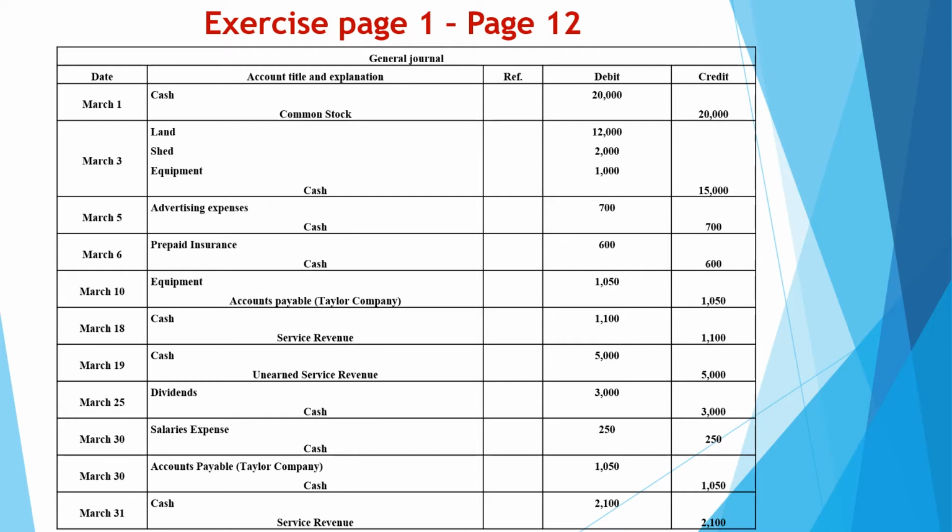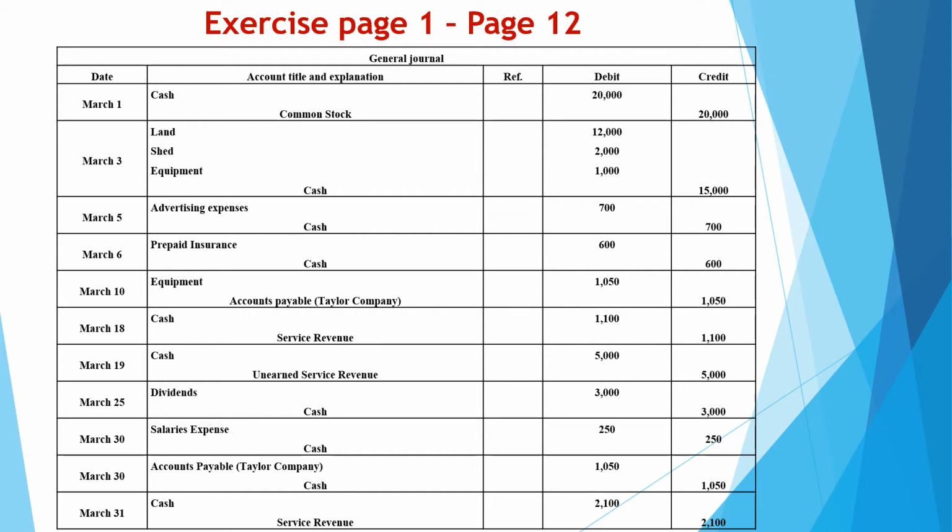So when we purchase these fixed assets, the assets increase. And when the assets increase, they are recorded in debit since assets have a debit normal balance. So first, we have land, shed, and equipment in debit: land for 12,000, shed for 2,000, and equipment for 1,000.